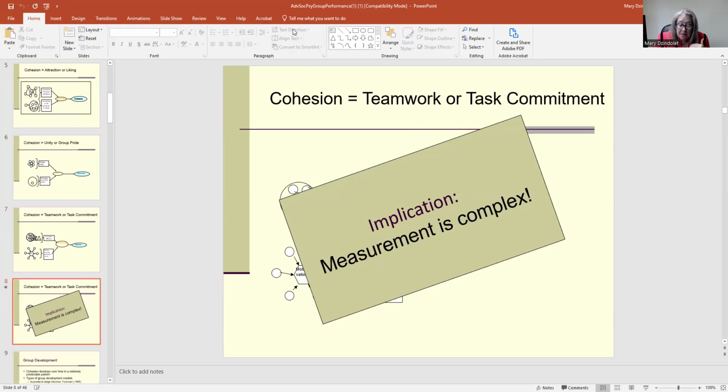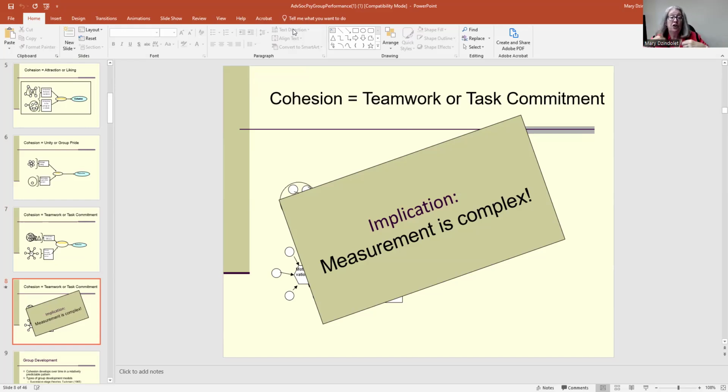So the implication of cohesion really being these three different kinds of cohesion, there's not just one kind of cohesion now. Groupiness is sort of different. Groupiness can be attraction, groupiness can be unity, groupiness can be task commitment or teamwork. And so the implication here is that measuring cohesion is really complex because there's different kinds of cohesion.